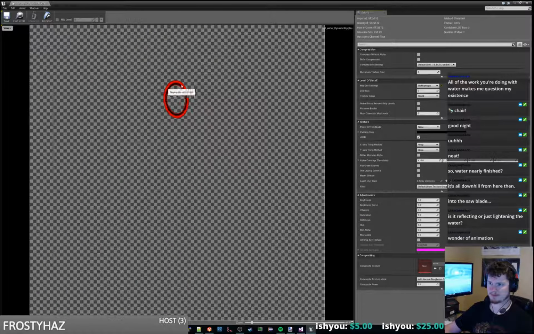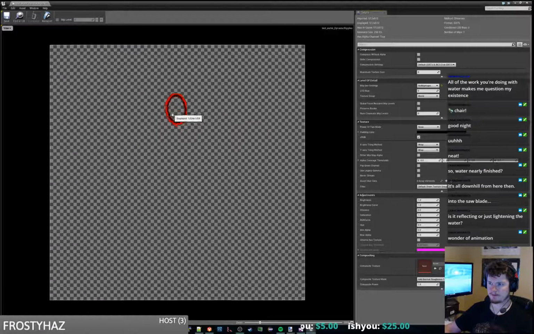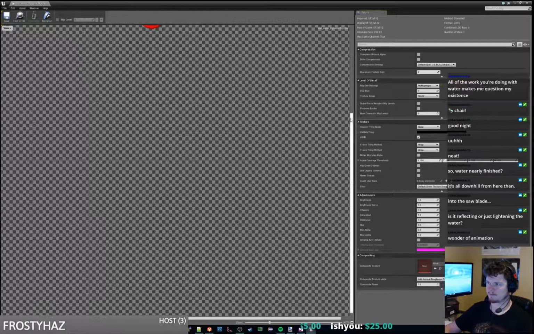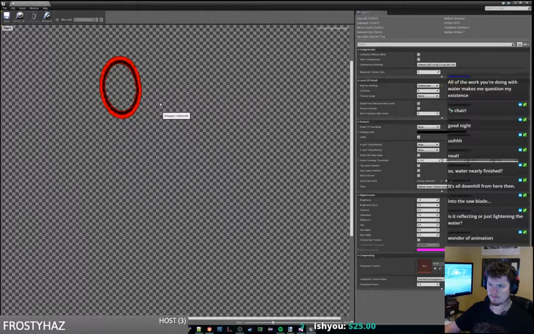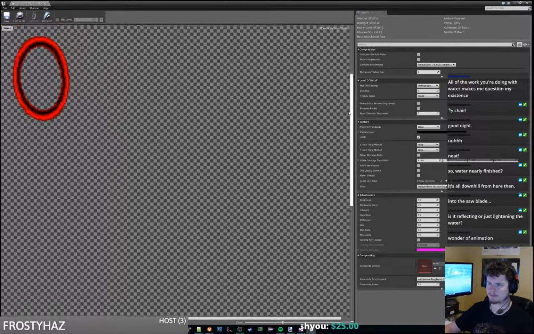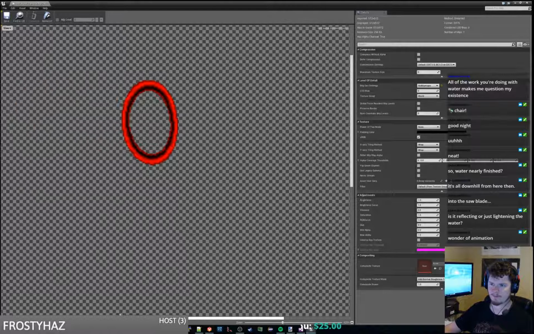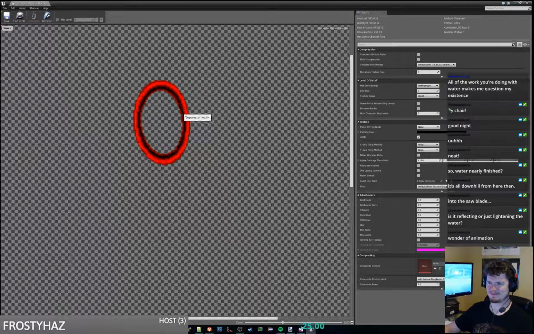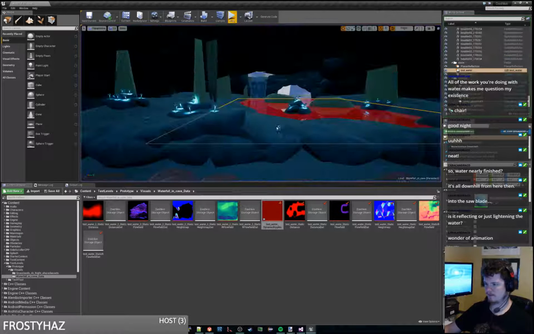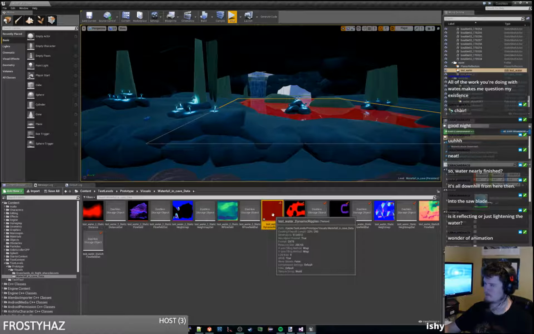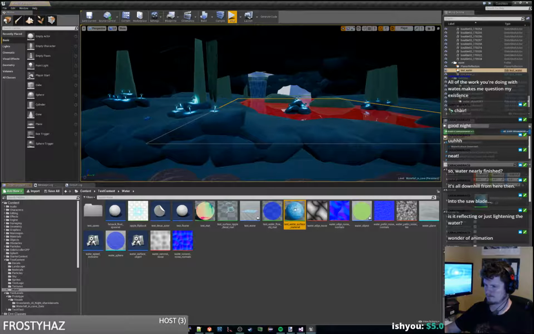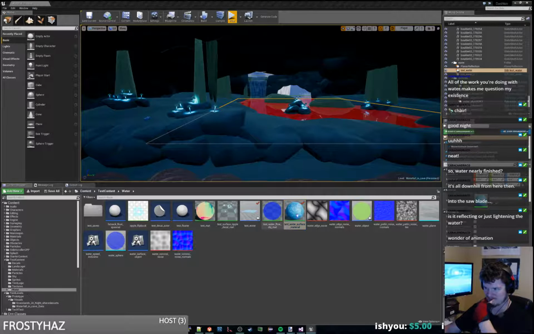Yeah, so that's our dynamic ripple texture now. And it's getting saved there. Looks like some sprite out of Doom or something. Like I had this little tiny circle there.